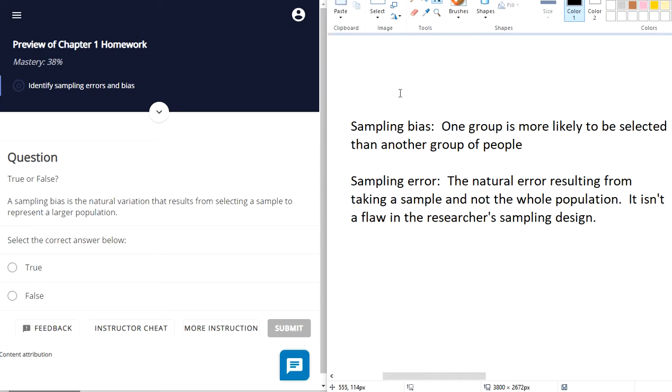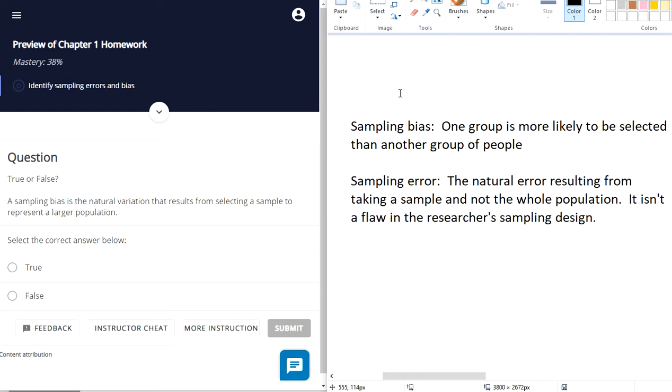Something that's an error caused by the researchers that increases or decreases the chances of one group of people being selected over another. Sampling error is natural. It's not really the researchers' fault. Sampling error is just the natural error that happens because we don't have the whole population.